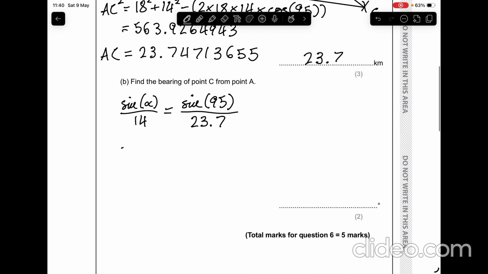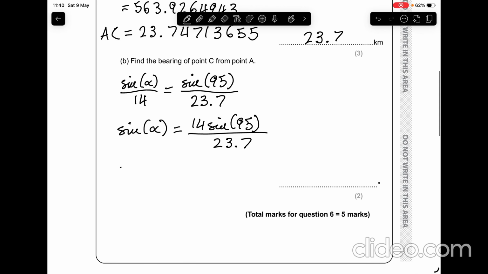So that means that sine of alpha is equal to 14 lots of sine 95 over 23.7. Again, that is just by multiplying by 14.